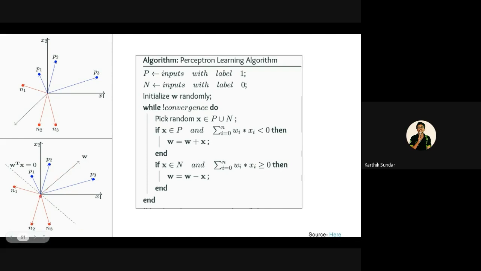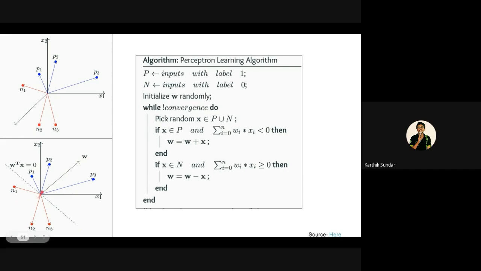See, now this is the optimal W we want, because when you take a dot product of W with P1, P2 or P3 it is going to give positive, which means it's classifying them as the positive class, and with N1 and N2 it's going to give a negative, because the angle between the negative points and the W is obtuse. But let's say, what if it was the other way around?